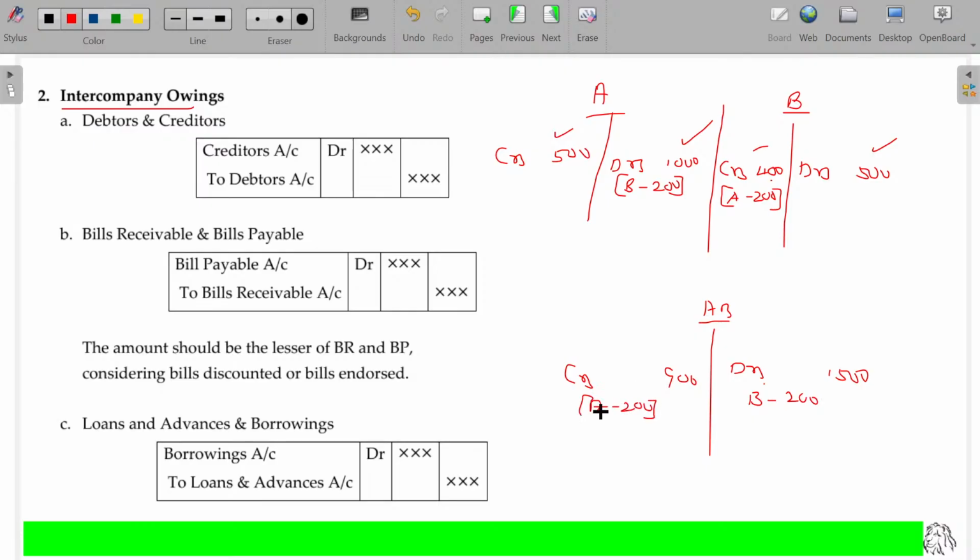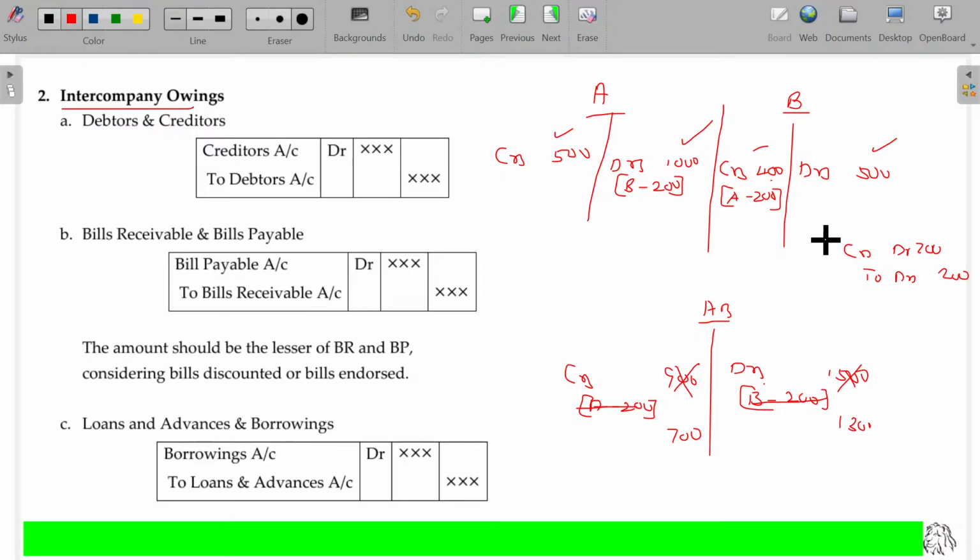Now these two parties are not existing. These two are merged. Mutually now you cancel the 200 here. By cancelling, the debtors will be reduced to 1300 and the creditors to 700. The simple journal entry in this case is to debit the creditors and credit the debtors to the extent of this amount.